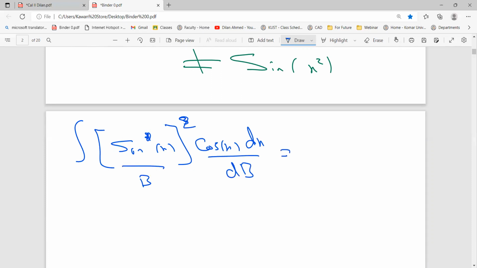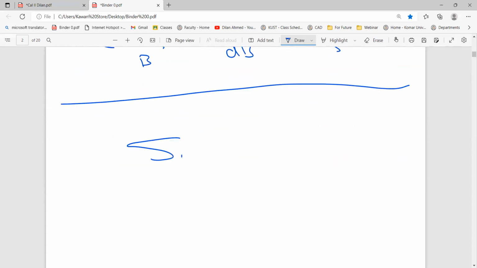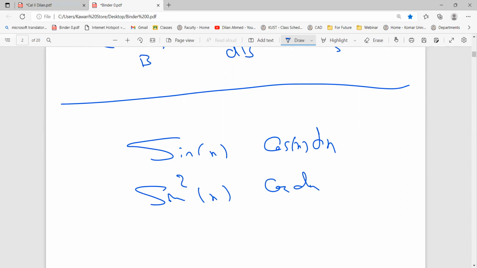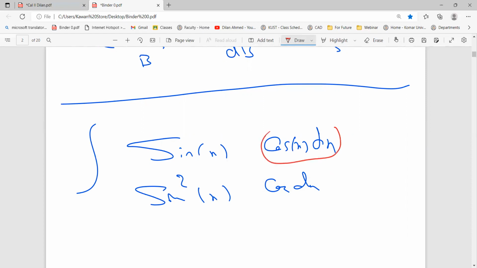So I say it is equal to sine cube over 3 plus c. Understood? So think about this example again. What do we have? If one of them is odd, the other, whether it's odd or even, we don't care, right? We make a decision.